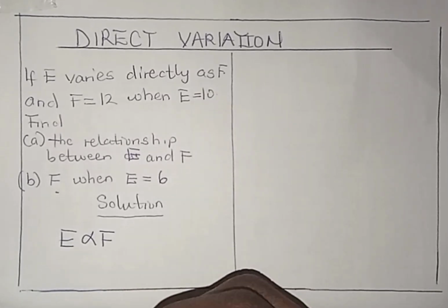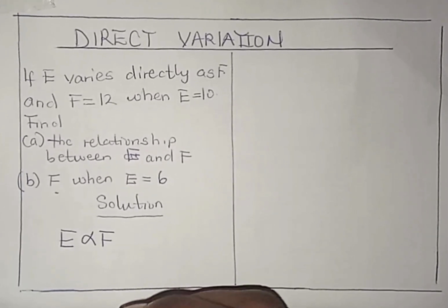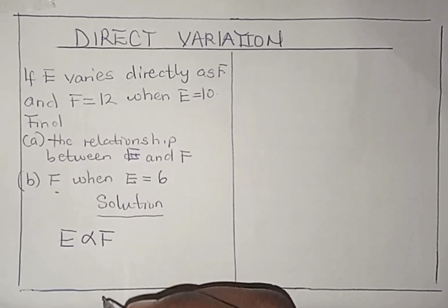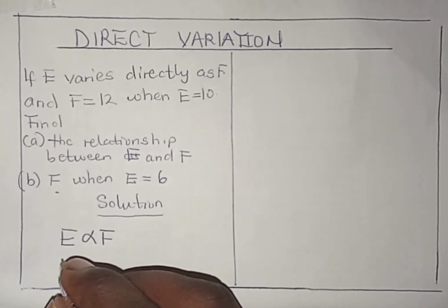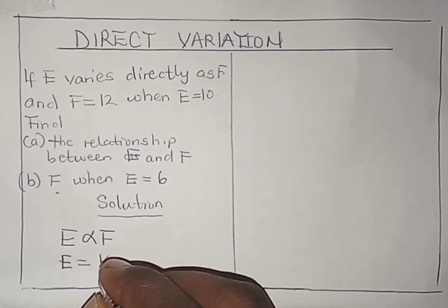We are now expected to remove the variation sign by adding a constant of proportionality, which will give us E is equal to KF.